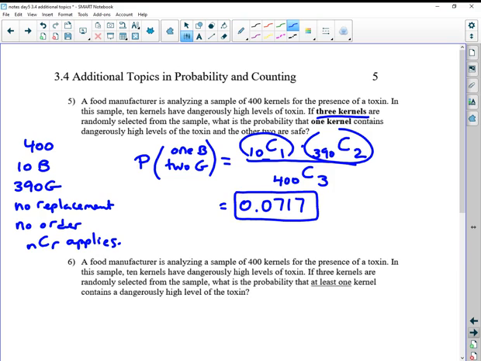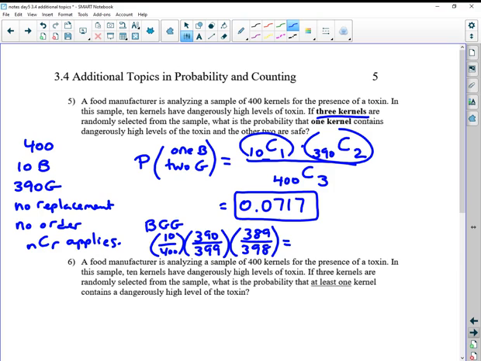Now, another way to think of this is, okay, I want a bad, I want a good, and a good. So I need to get a bad kernel. I need to get a good kernel. Notice how I'm decreasing my denominator because it's a dependent situation. Now I'm going to have to decrease my numerator because it's a dependent situation. And so then I get, well, of course, I don't have that number written down.